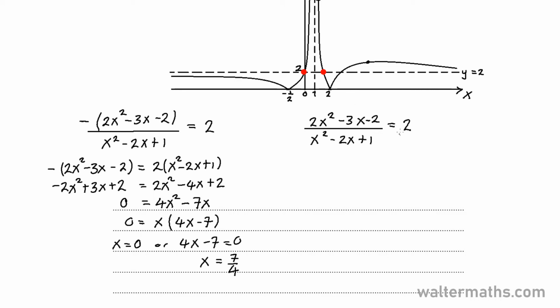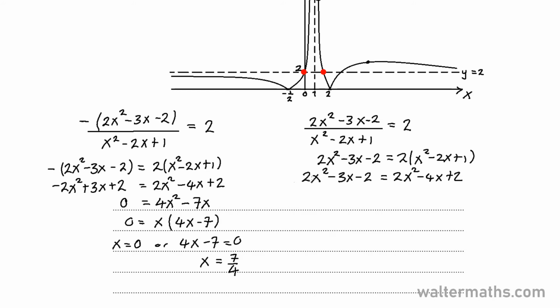Now let's solve the other equation. Multiplying both sides by the denominator, we'll be having 2x squared minus 3x minus 2 being equal to 2 of (x squared minus 2x plus 1). So here we'll be having 2x squared minus 3x minus 2 being equal to 2x squared minus 4x plus 2. So subtracting 2x squared from both sides, then we get 0 for these.